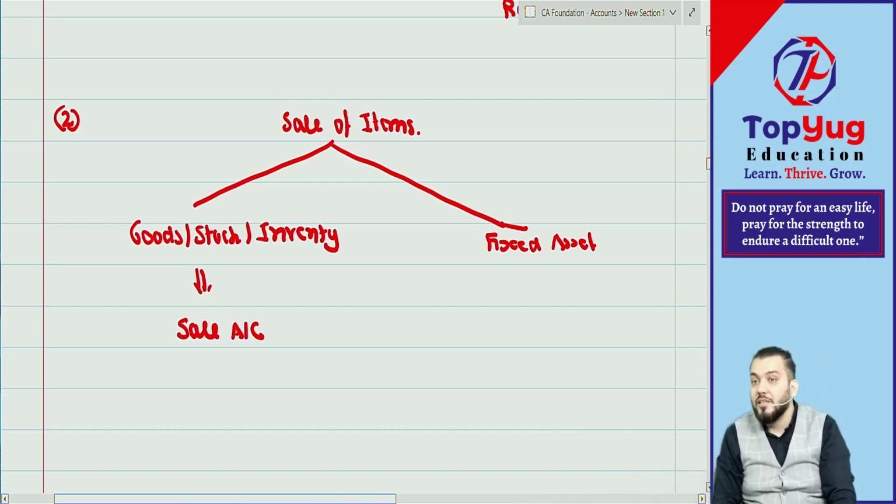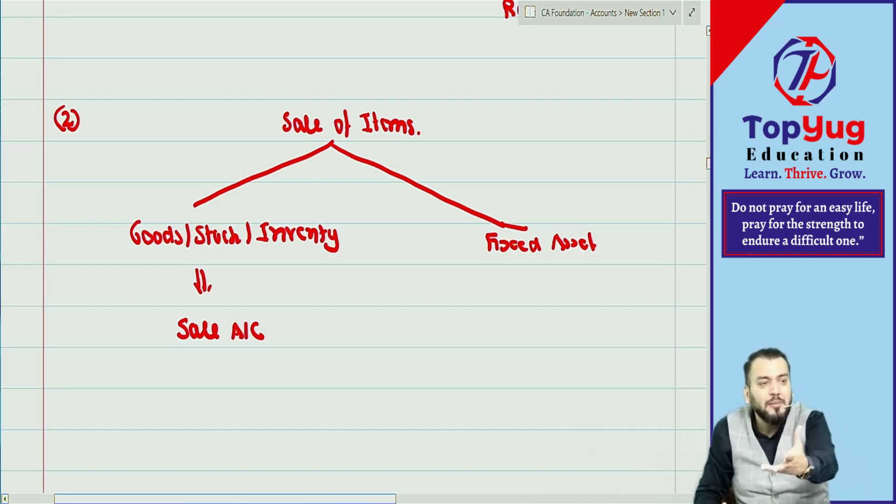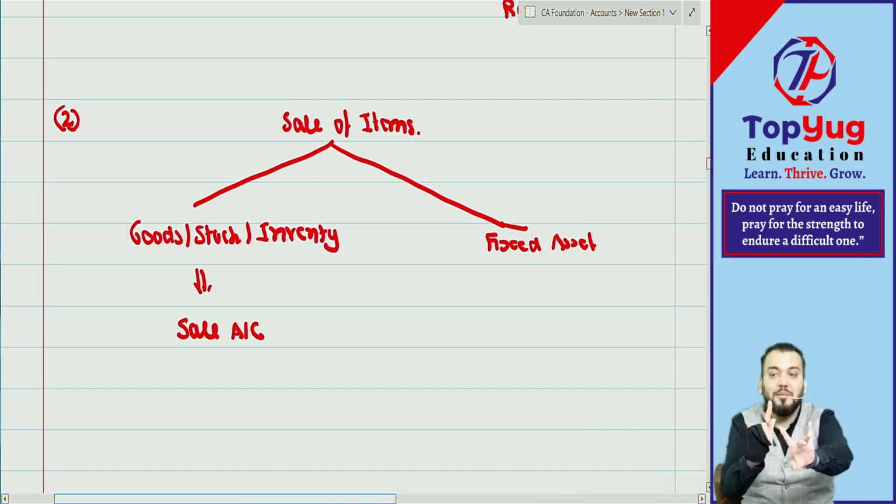Correct. Now the question arises: sales is what? Real, nominal, personal? Sorry, sales account is asset, liability, income, or expense? Now, once you have purchased and then you have sold it, is the benefit derived or not? So once you have sold it, benefit is derived. Benefit derived is what? Income.